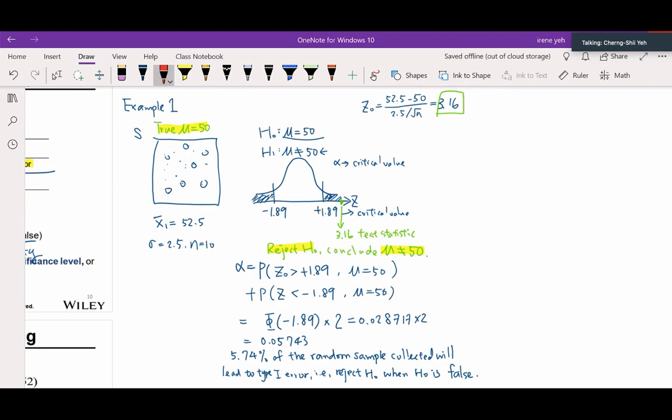But the reality is the lot you're making is actually meeting the specification. So you're rejecting a completely good lot. Okay? So type 1 error is what we refer to as a manufacturer's risk. That's one type of error.